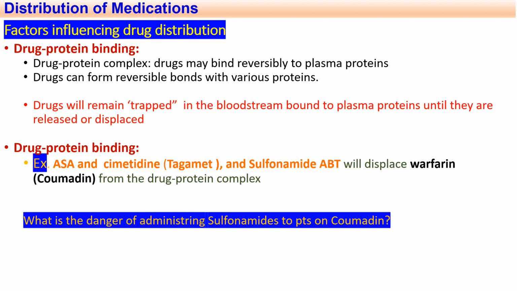So we'll have too many of the Coumadin or warfarin sodium molecules in the bloodstream, and that will increase the concentration of free warfarin. The patient will be predisposed to a high risk of bleeding and hemorrhage because of the increased level of warfarin in the blood due to the increased concentration of free warfarin.